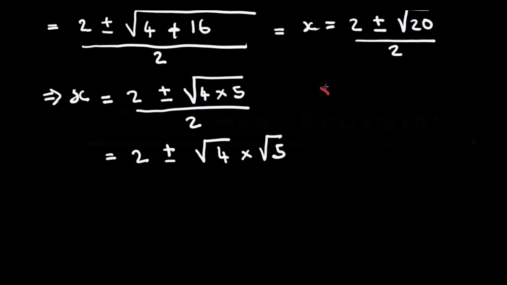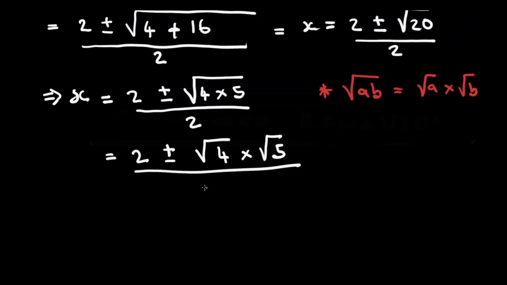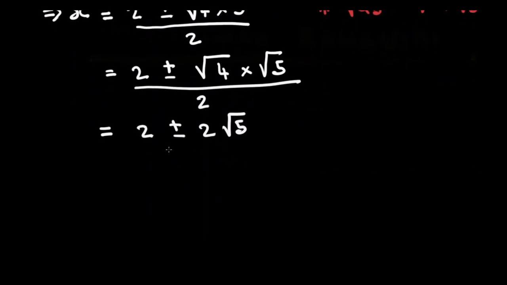And what we applied here were surds, which state that the square root of ab is the same as the square root of a times the square root of b. And here it's over 2. This is then equal to 2 plus or minus the square root of 4, it's 2, times the square root of 5, so it becomes 2 root 5, over 2.